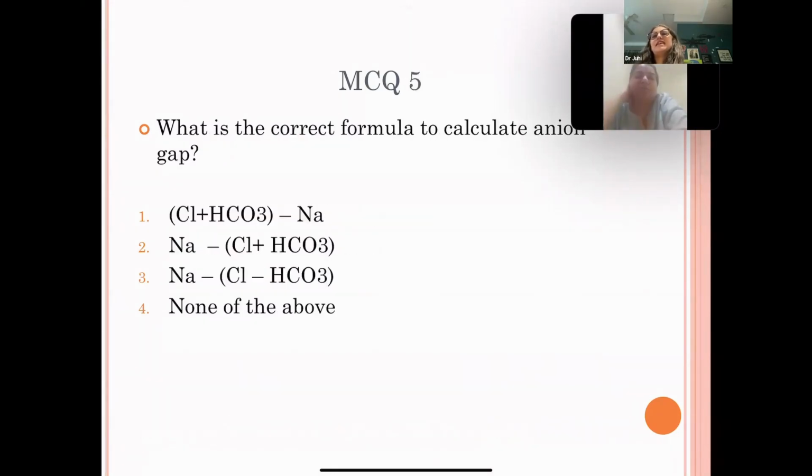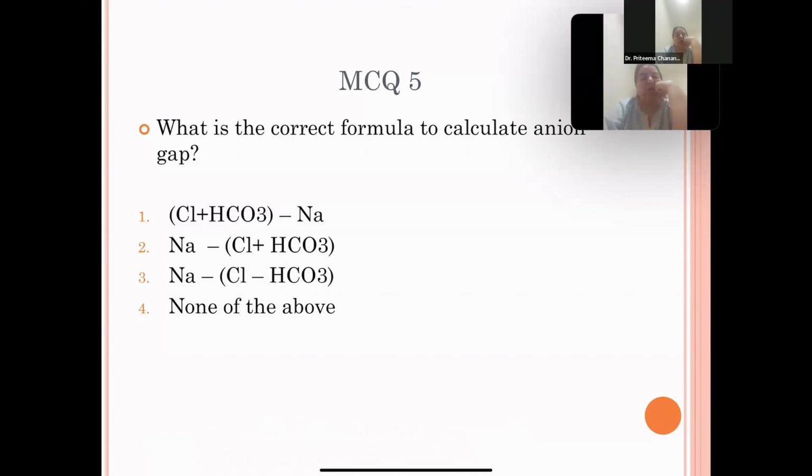Okay, and the HARDUP. Remember? Okay. What is the correct formula to calculate anion gap? Okay, just try to answer this. Very important. Okay, iPhone answered option 2. Mansoori answered option 1. Pavani answered option 2.